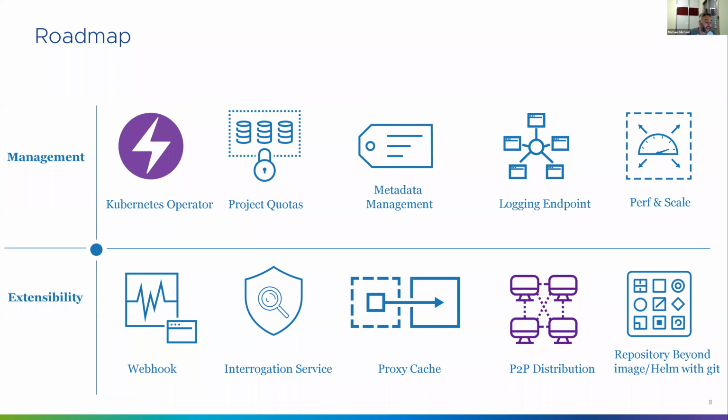On the extensibility front, something that we wanted to deliver with 1.8, but were not able to, is webhook support. So we're going to start with a minimal viable product on that in the 1.9 release, and we're going to have the ability to subscribe to events around image and Helm chart upload, download, deletion, as well as all of the CVE and vulnerability scanning related webhooks.